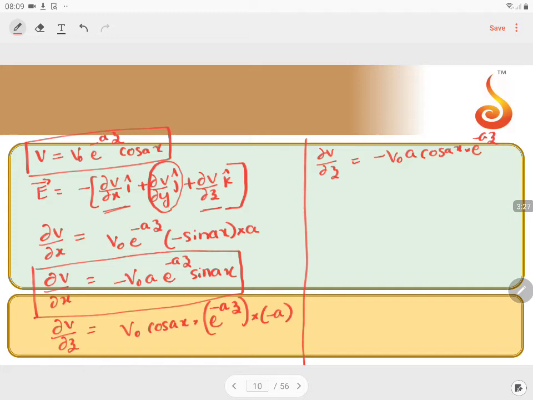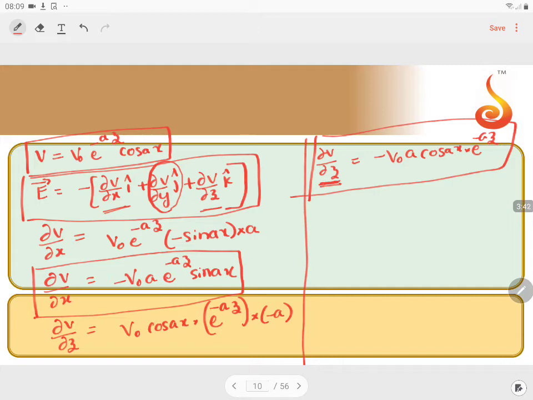So if we substitute this dou V by dou z and dou V by dou x in this formula, then already minus sign is there. So in these two terms also minus sign you have. So minus minus will get cancelled ultimately.